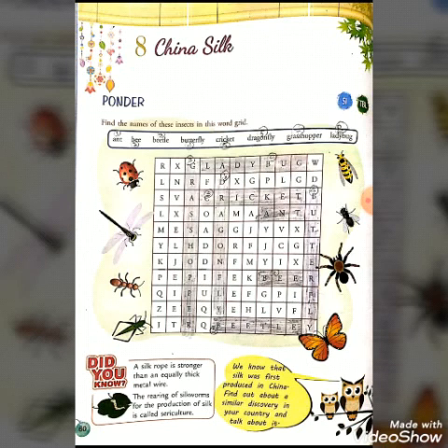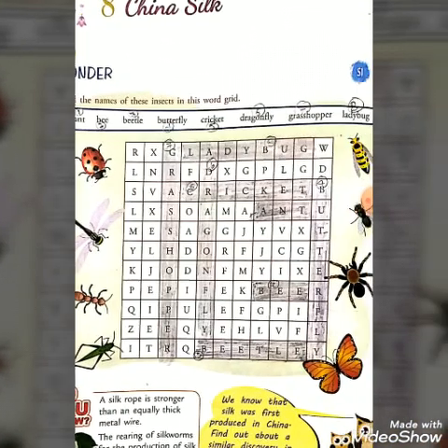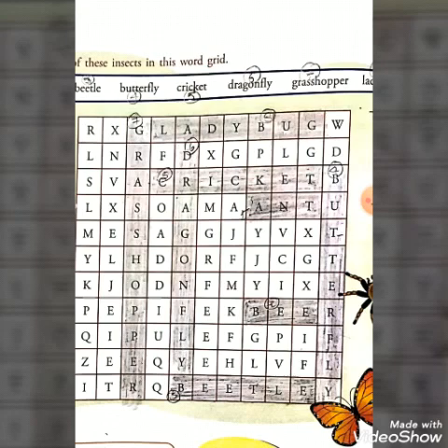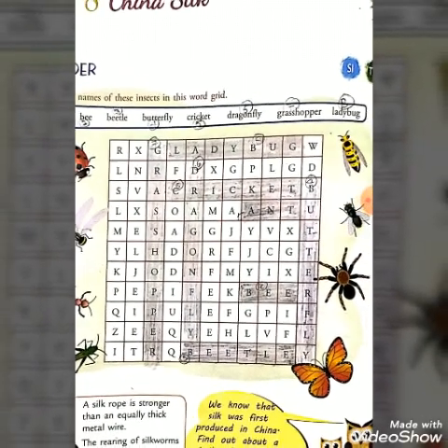On the same right-hand side, at the bottom, you can see beetle, B-E-E-T-L-E. Now the next one is butterfly. On the same right-hand side, you can see the name of the insect butterfly. I hope you all are getting it.